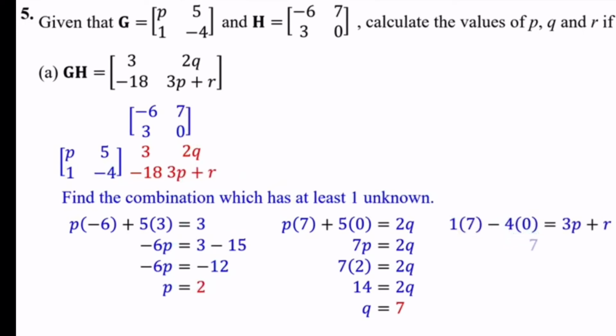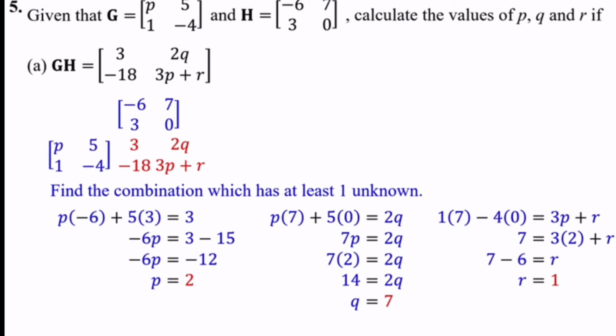So 7 equal to 3p plus r, p is 2, 3 times 2 is 6, plus r, hence the r is 7 minus 6, which is 1. Okay, so we have solved question number 5 with all the unknowns p, q, r solved.